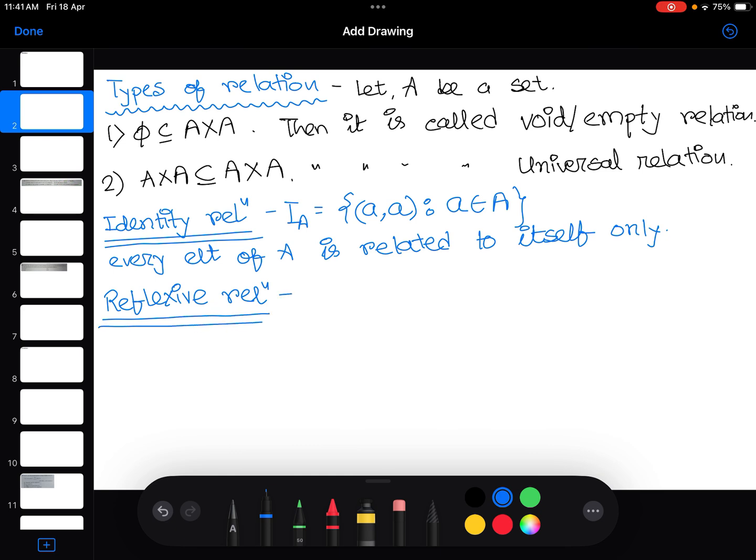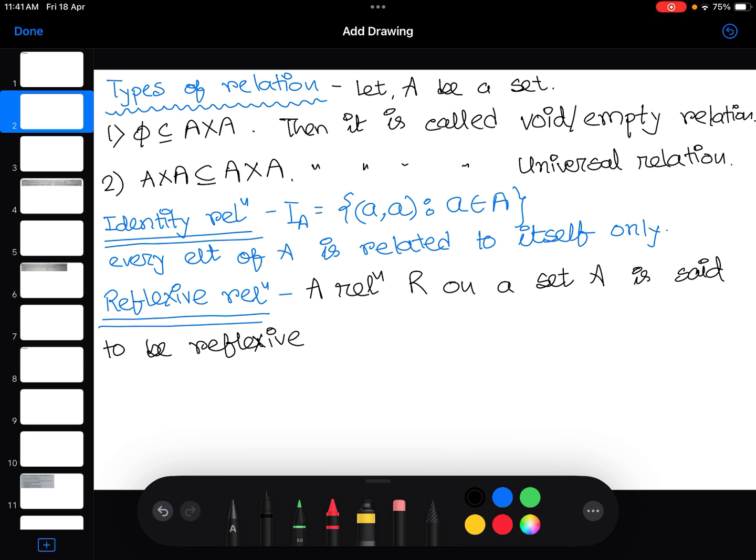Now, what is a reflexive relation? A relation R on a set A is said to be reflexive if and only if (a, a) belongs to R for all a belongs to A. Right?